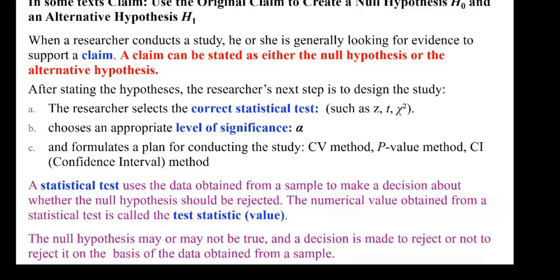You calculate that, then you compare, and you make a decision. Your decision has really a few parts, but the very first part and the most important part that has got to do with your calculation is that the null hypothesis, H0, may or may not be true, and a decision is made to reject or not to reject. So the very first step is rejecting or not rejecting H0.